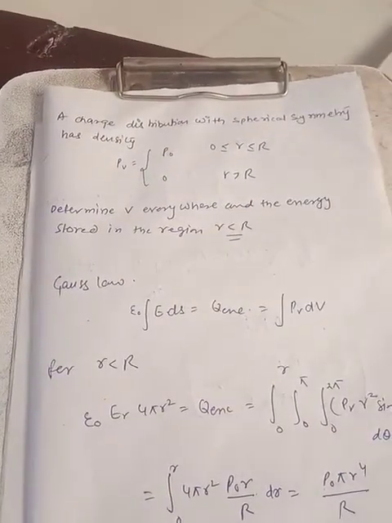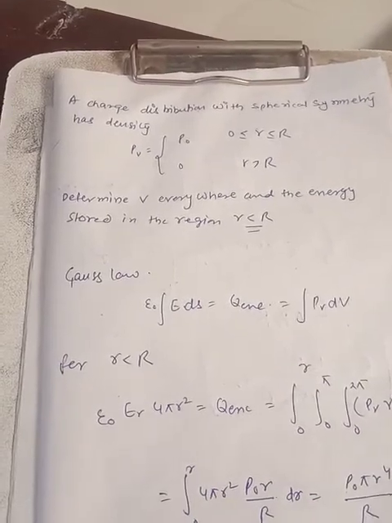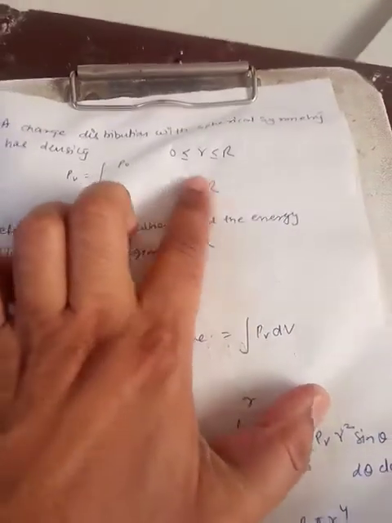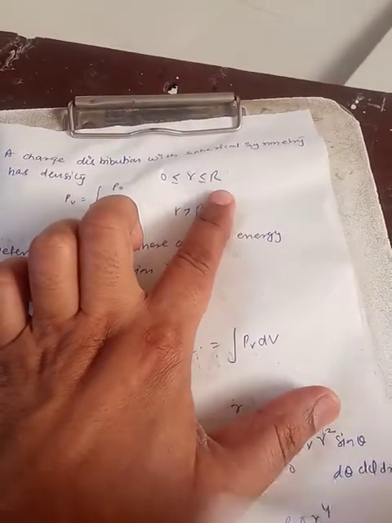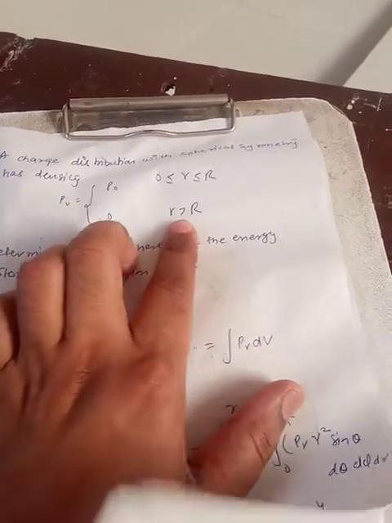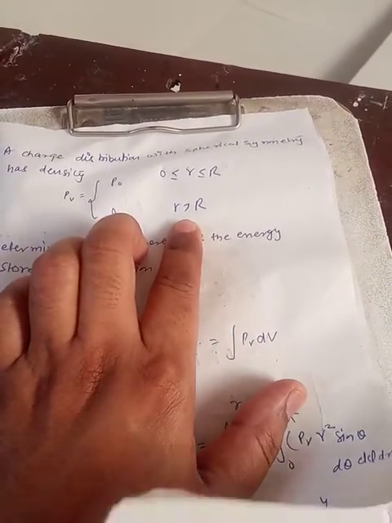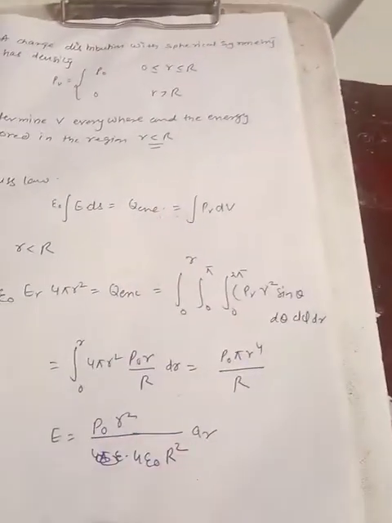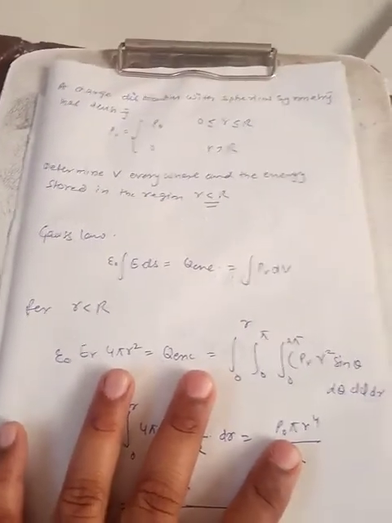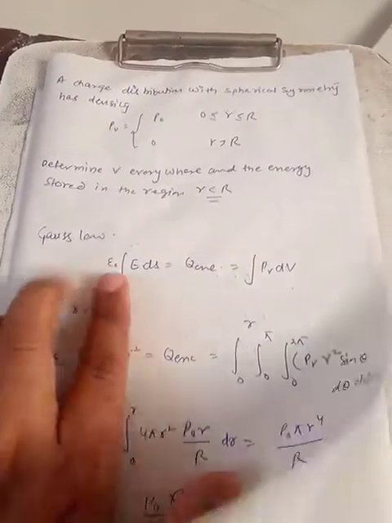Now in order to solve this question, first of all we'll calculate the electric field intensity everywhere. It means for both cases, when r is greater than 0 and less than capital R, and when r is greater than capital R. So first we will calculate E everywhere, and then we will calculate the electric potential.